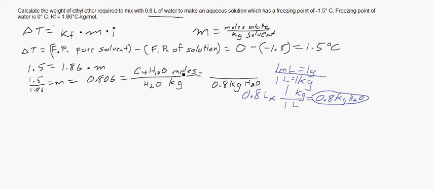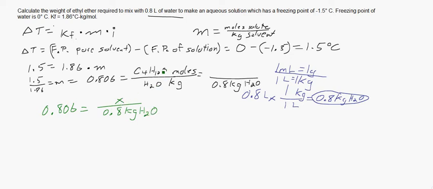And this moles here is what we're going to now calculate, because we already have our molality. So if we reset this up, the problem now becomes: your molality is equal to this value up here, which we'll just call X now, divided by 0.8 kilograms of H2O.